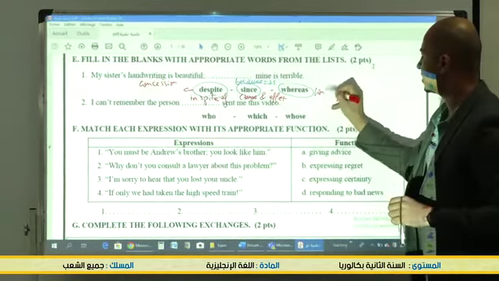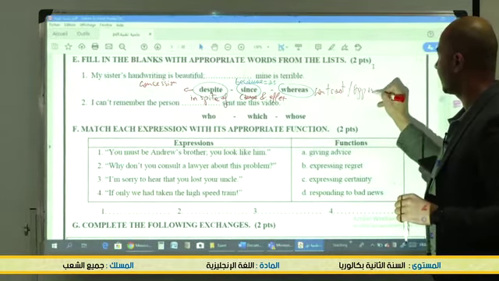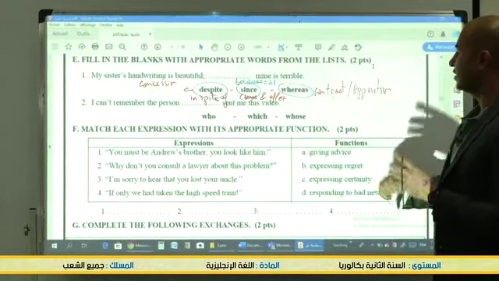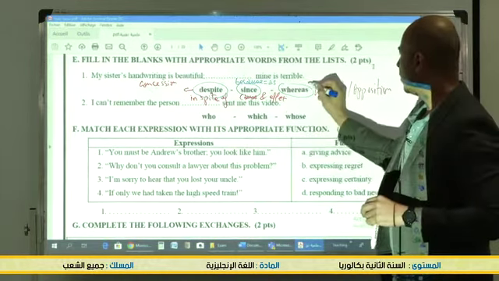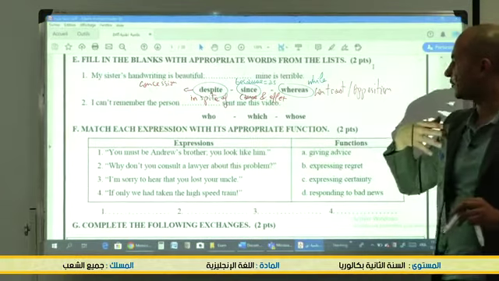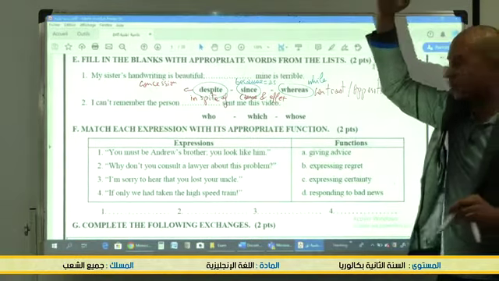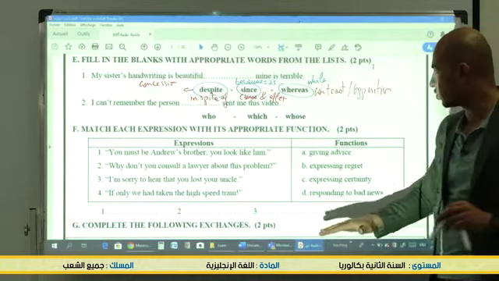It expresses contrast or opposition. Whereas we can replace with while. For example, I am very tall while my brother is short, or whereas my brother is short.